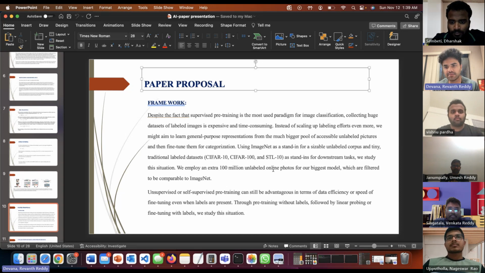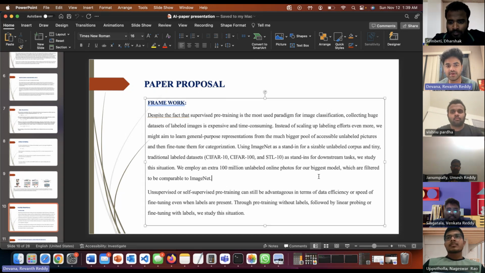Instead of scaling up labeling efforts even more, we might aim to learn general purpose representations from the much bigger pool of accessible unlabeled pictures and then fine tune them for categorization, using ImageNet as a stand-in for a sizable unlabeled corpus and tiny traditional labeled databases like CIFAR-10, CIFAR-100 and STL-10 as stand-ins for downstream tasks. We study this situation.